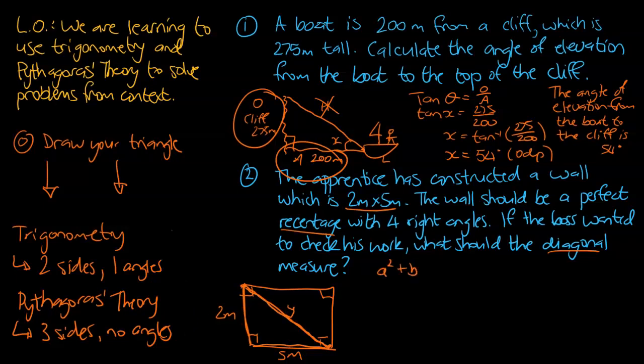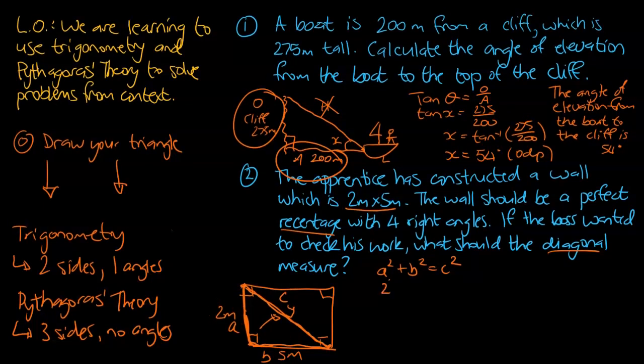A squared plus b squared is equal to c squared. Now I've got to figure out, how does this relate to my triangle? I'm going to label my sides, just like I did, but this time around A, B, C. So A and B, they always join to make the right angle here. And opposite to the right angle is C. I'm now going to substitute. So we know that A is 2 and B is 5.